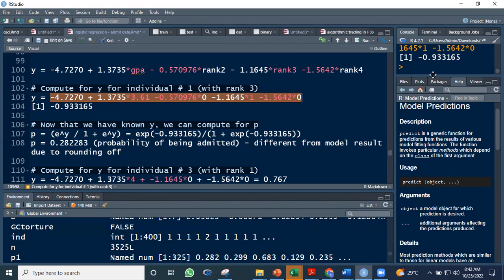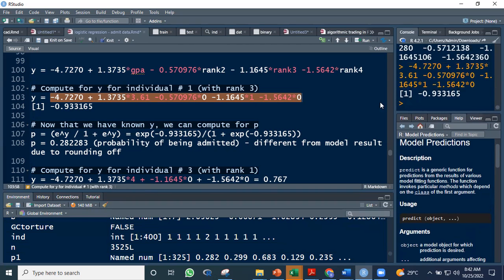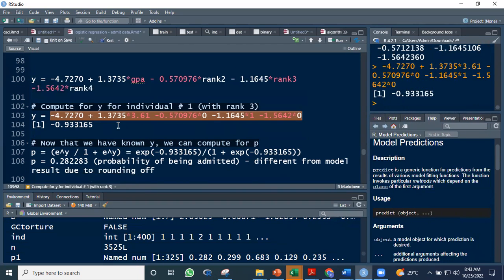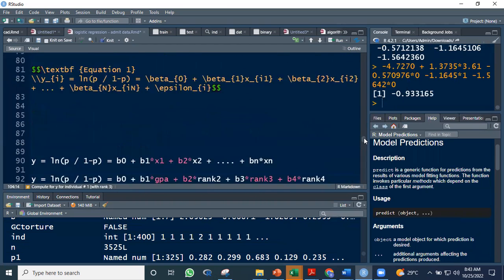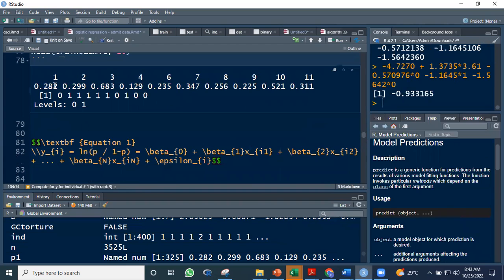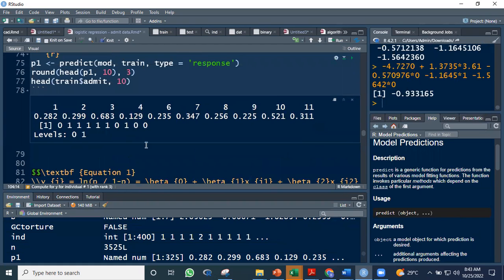Okay, and hindi naman siya yung value dito, di ba? Ang value kanina dito, yung 0.282 siya, di ba? Yung observation number 1 natin, ang predict niya is 0.282. So saan nanggaling yun? Kasi ito negative 0.933165 yan.